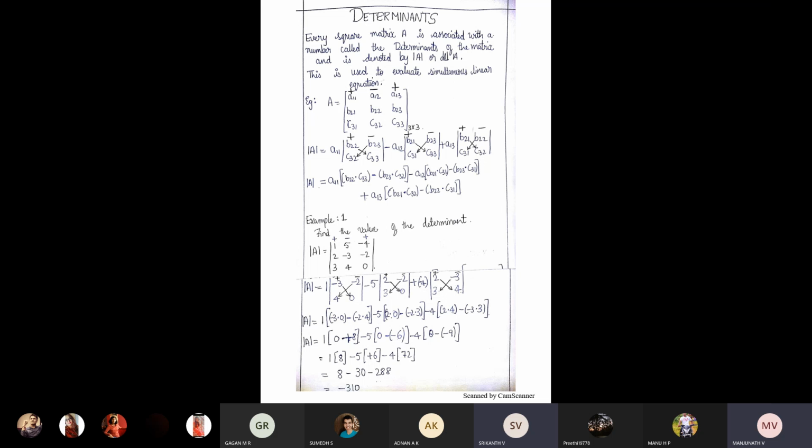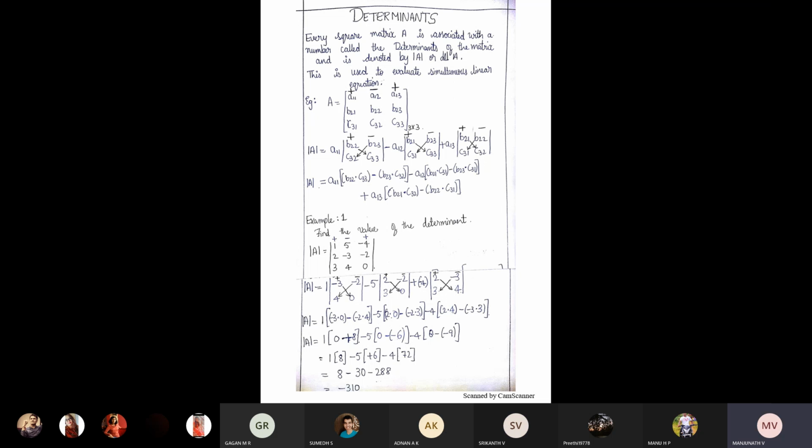Even if the elements inside the matrix are negative, irrespective of the signs of the elements in the matrix, whatever may be their position, don't worry about that. This plus minus plus assumption holds good for all determinant calculations.